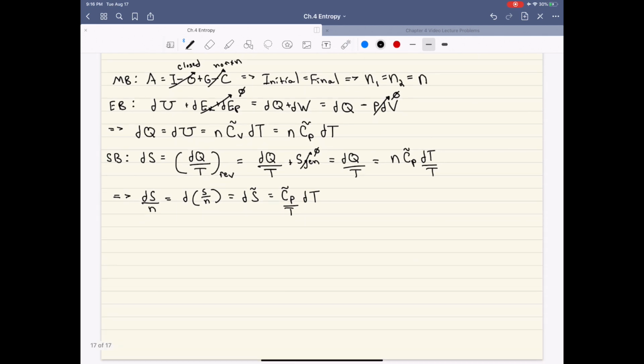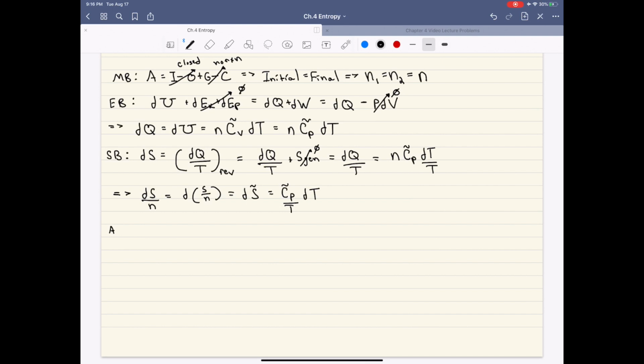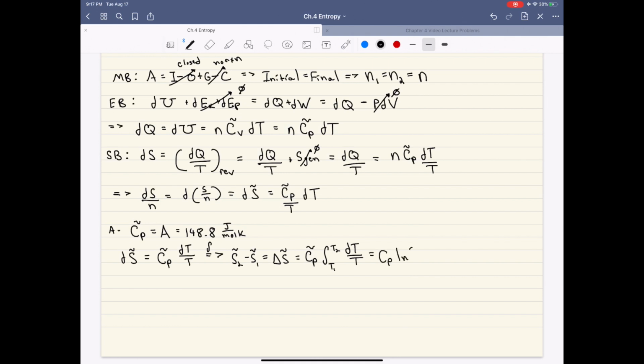And so let's explore the two different cases. In part A, Cp is just equal to a constant, which I'll just call A, and that was equal to 148.8 joules per mole K. And so if we go back to our entropy balance, we know that Cp is a constant, and so when we integrate both the left and the right-hand side, what we'll get is S2 minus S1 is equal to delta S, and that's going to be equal to Cp times the integral from T1 to T2 of dT over T. So that's just going to give us the natural log of T2 over T1.